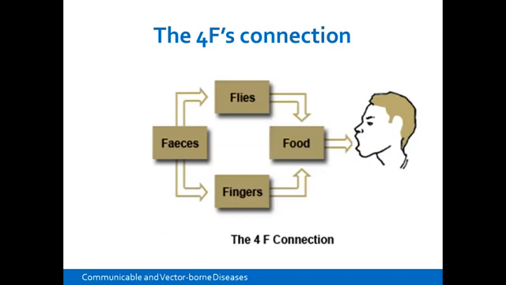All of this is taken orally, or they contaminate things that are taken orally like food, and then we end up having the disease. So you see feces, maybe having the bacteria, then flies step on them, and the flies end up on food, or fingers touch the feces and touch the food, which then ultimately ends up in the mouth.